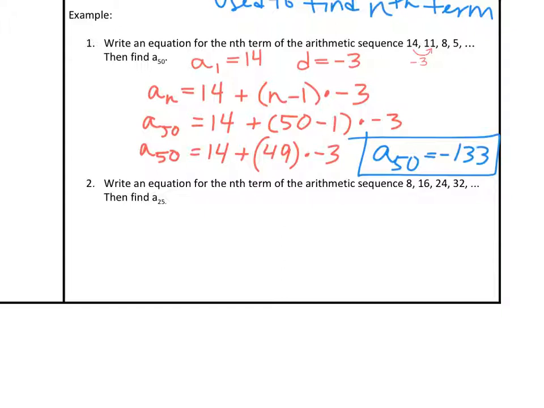Haley, what's my first term? 8. So that's A1. And Serenity, what's my common difference? So positive 8. So now we're going to write it out.